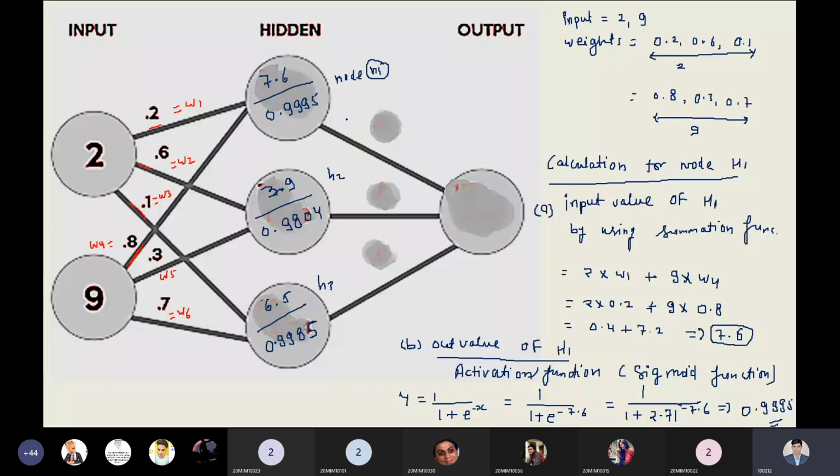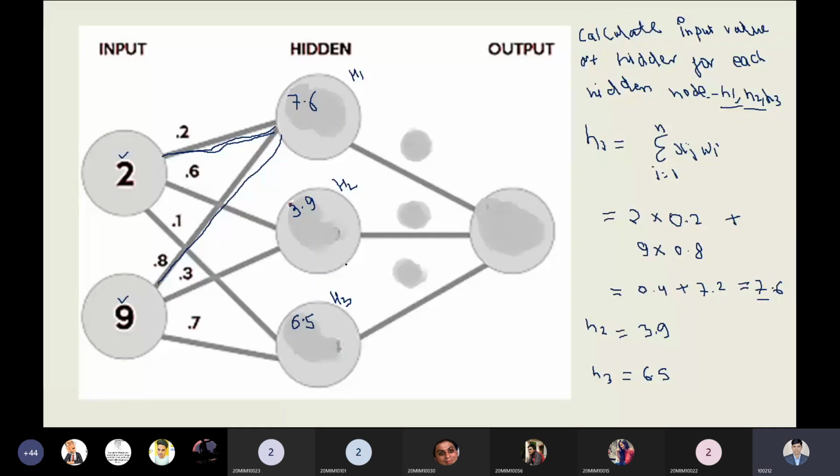So this is what we have to perform at each and every node. As per my words, we are doing the computation, the calculation. Now it's time to explain step by step everything we have done. See, first we calculate all the input values 7.6, 3.9 and 6.5.